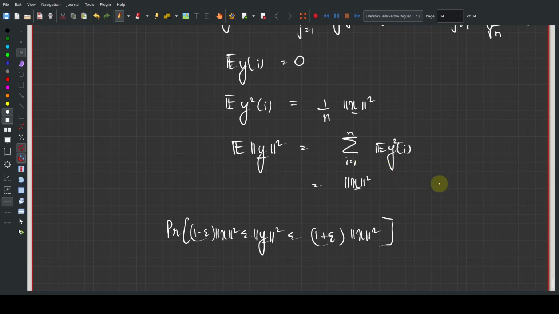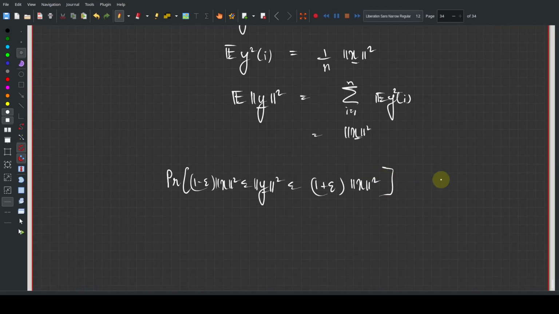Correct. I can find a bound for this particular quantity. Now, this of course would depend on small n, right? Let's say I want to know the smallest n for which this quantity is greater than or equal to 1 minus delta, for some constant delta or some function delta, let me call this delta sub n. In other words, I want a tight lower bound on this particular quantity.